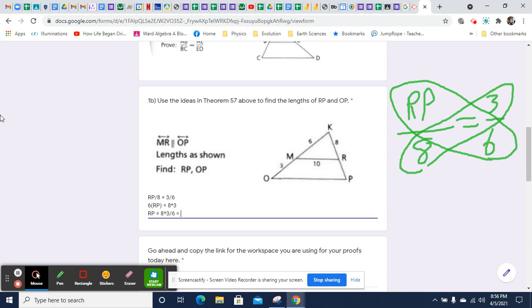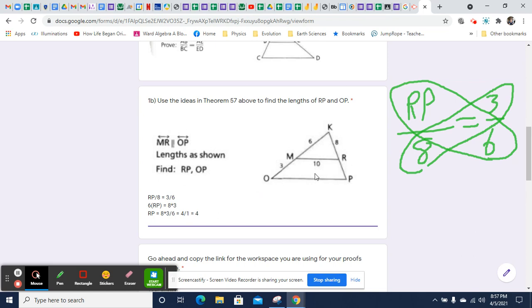And that we can simplify. We can factor a 3 out here and a 3 out here. We also factor a 2 out of the remaining 2 and a 2 out of the 8. So we're going to end up with 4 over 1, which is just 4. And I already said this had to be 4 because this has got to be half of 8, since this is half of 6. Now, that's RP.